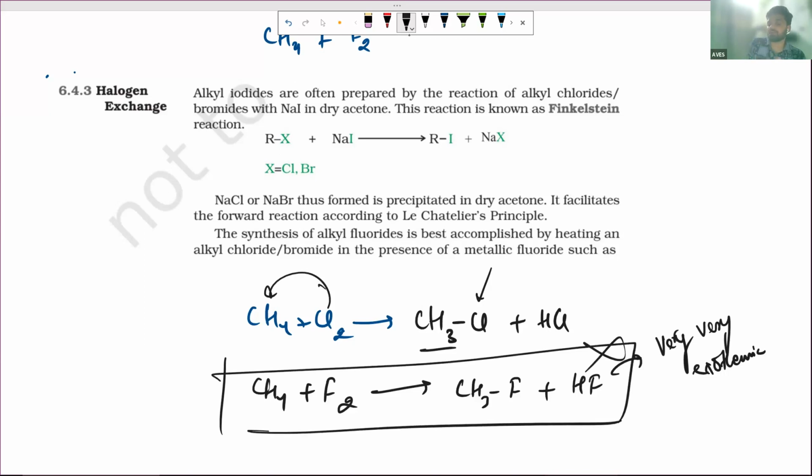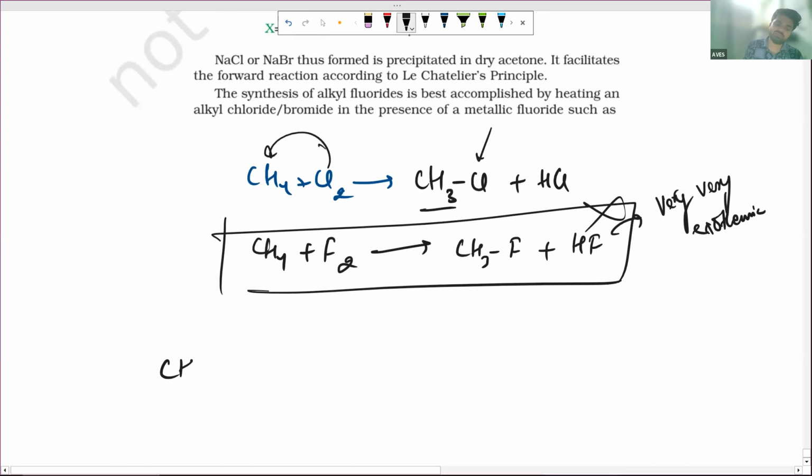So how do we prepare this one? For example, first we take CH3Cl, prepared by this method or any method. We take this and pass AgF, silver fluoride, to it in the presence of dry acetone.